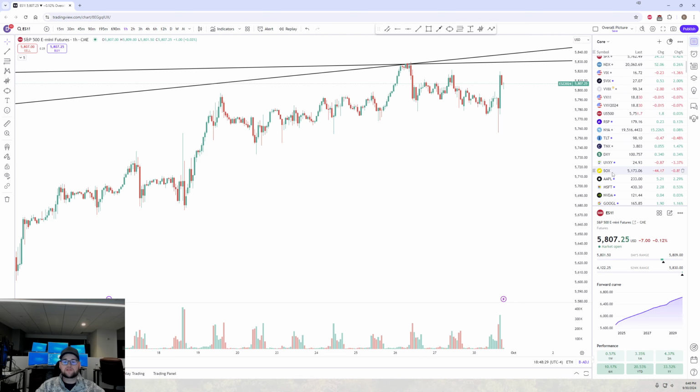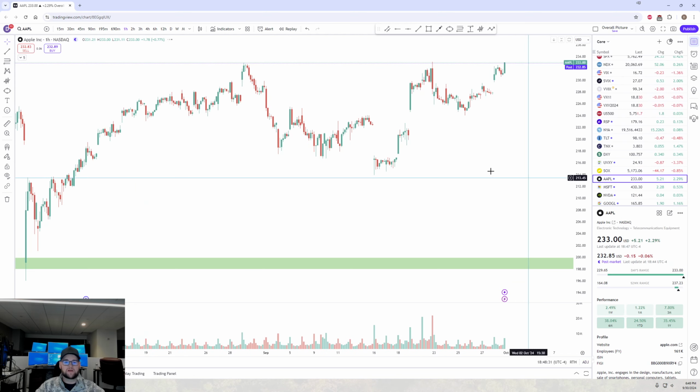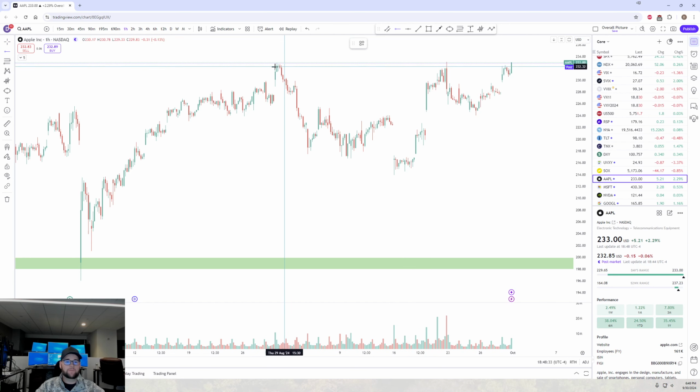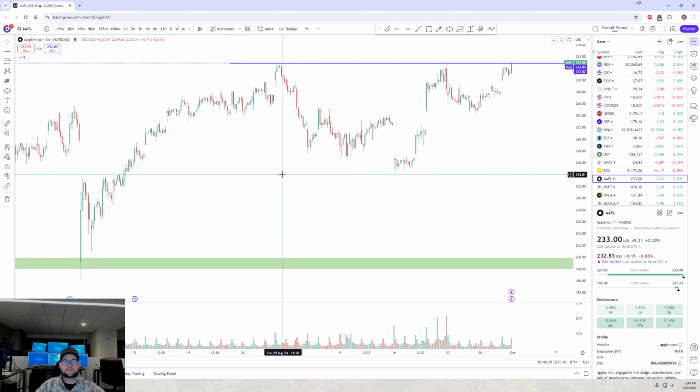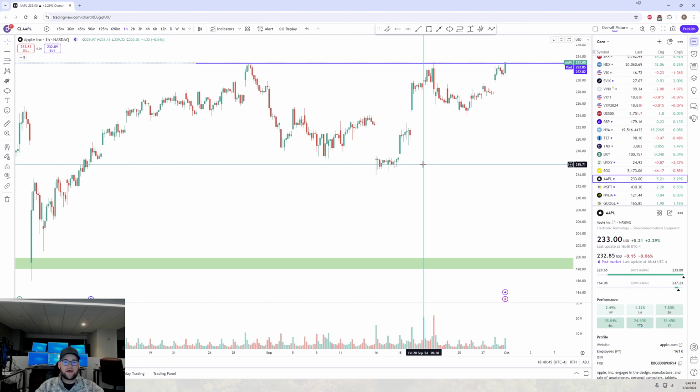Okay, going into an individual equity, I want to show you guys Apple. Apple has this level right here that it has failed at 3 times if you include today. So today technically broke above it and closed above it, but we still haven't taken out the high from September 20th, I believe.